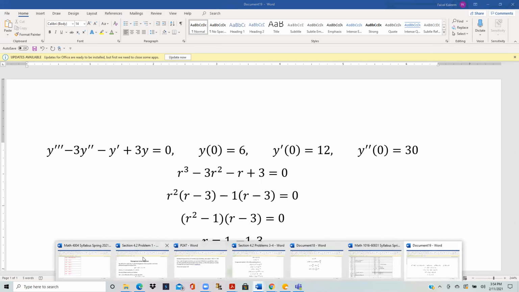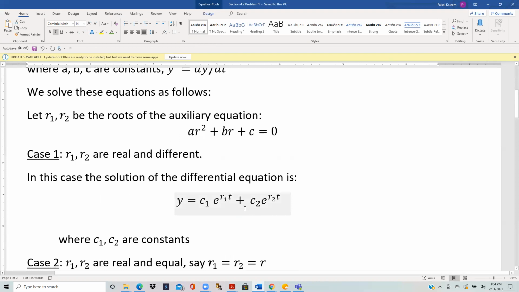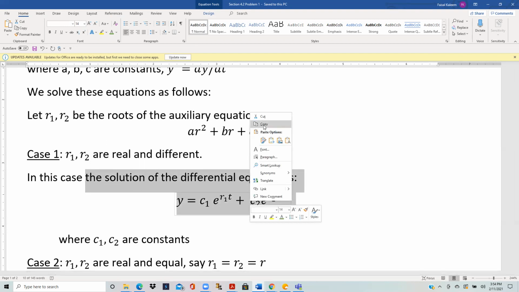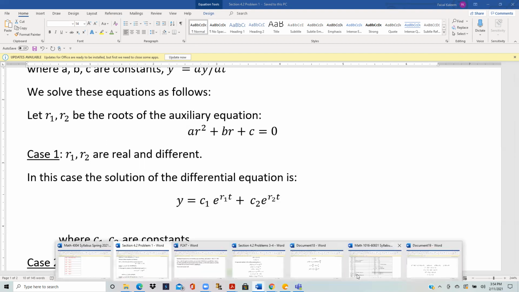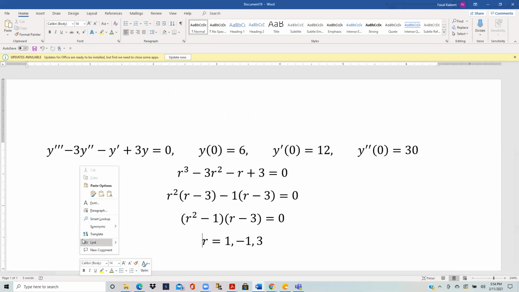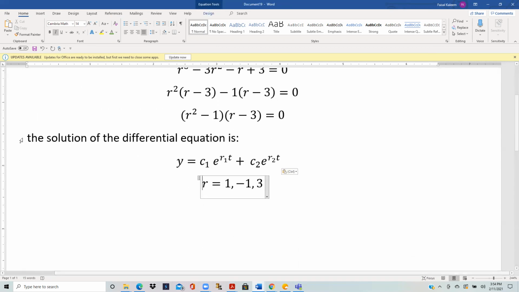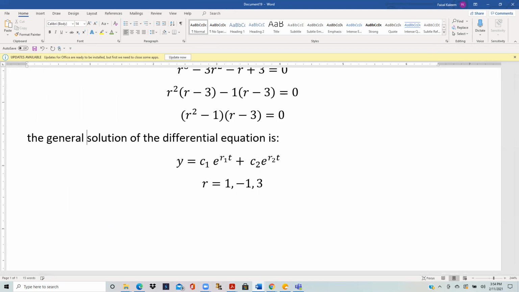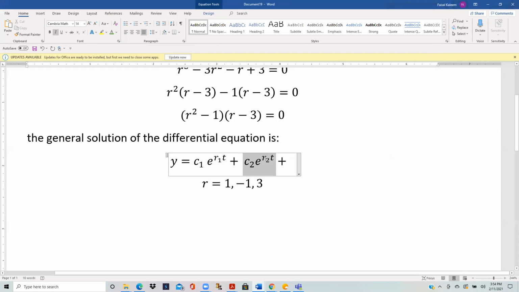So we know that for two distinct roots, the solution is like this. Once again, this is a general solution because we do have conditions, a general solution. And then you add a third one, plus C3 e to the R3t.